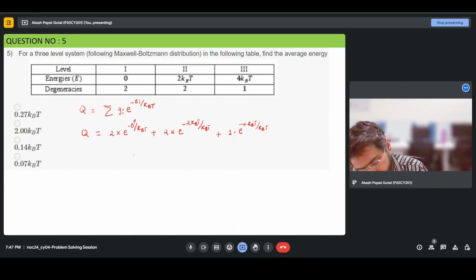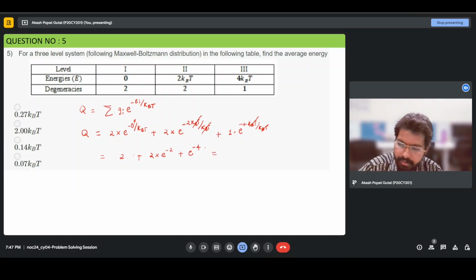This will reduce to 2, plus, kBT cancels, 2 times e raised to minus 2, plus e raised to minus 4.